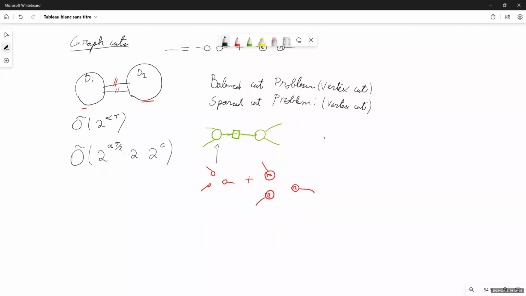You can show with those kinds of ideas that if you have, for example, a nearest neighbor circuit, and it's sub-quadratic in depth, then you can always do the simulation in sub-exponential time.